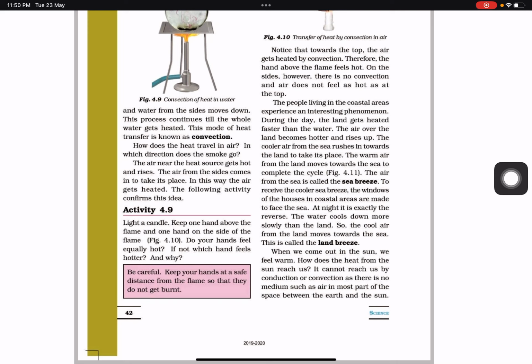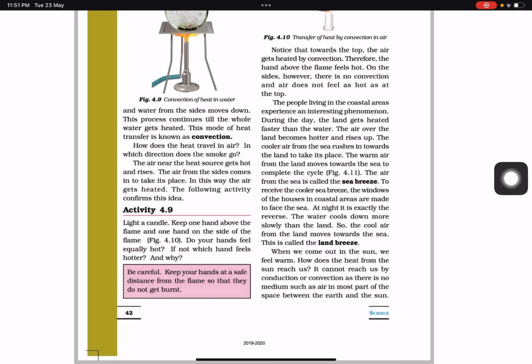The hotter land heats up the air, it rises up, and the process repeats again and again. In this process convection is used, that वो जो वाइंड आ रही है सी में से वो लैंड की गर्मी की वजह से गर्म होके ऊपर जा रही है, उसकी जगह लेने के लिए दूसरी ठंडी वाइंड आ रही है.